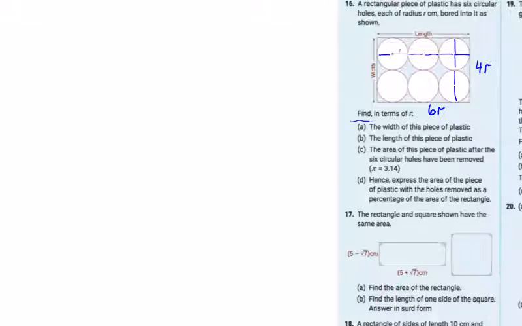And we're asked to find, in terms of r, the width, well we've done that, 6r, and the length 4r, and the area after the 6 circular holes have been removed. Well, the area of the whole thing, we have 4r by 6r, which is 24r squared. And the area of each circle, so one individual circle on its own, is pi r squared. So we have 6 pi r squareds.